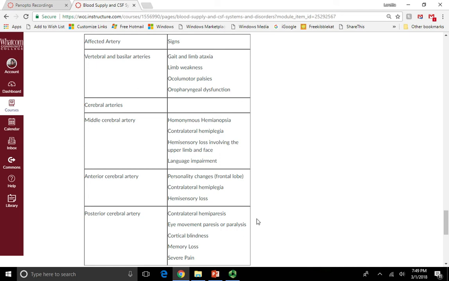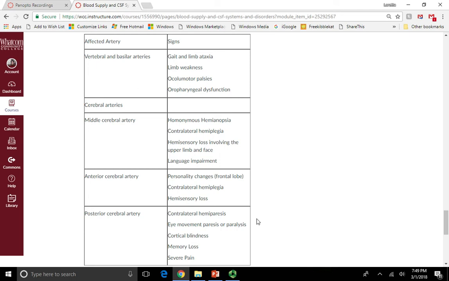So I want you to know those hallmark symptoms. The common symptoms, contralateral hemiplegia and hemisensory loss, all of them have that. But those hallmark ones tell you where it's affected. So the middle cerebral artery affecting language impairment, that's affecting those language centers in the middle of the brain.